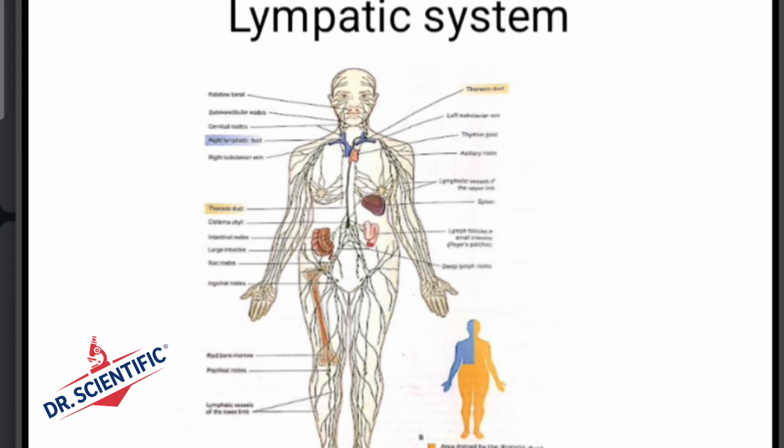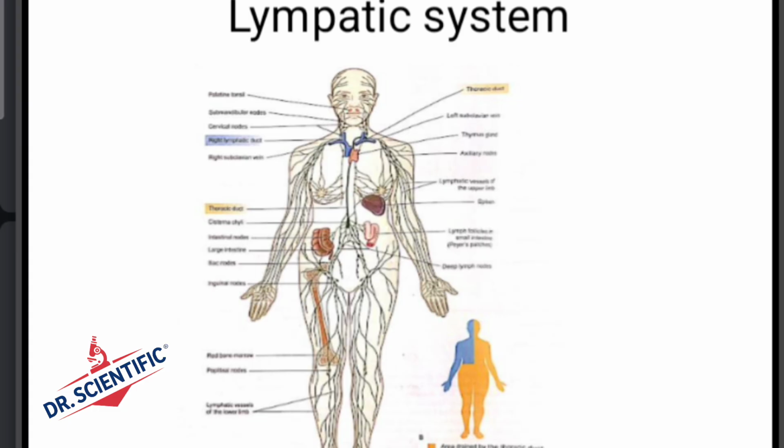And then, of course, we have lymphatic vessels all over the body. We know that finally we have two major lymphatic ducts that mainly drain most of the body, apart from the right upper limb, the right upper chest, and maybe the head and neck.